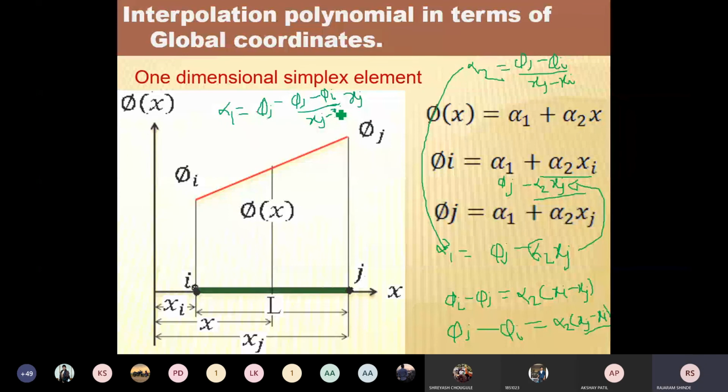Now it becomes phi j xj minus phi i xi, minus phi j xj, plus phi j xj minus phi i xi, phi j xj.